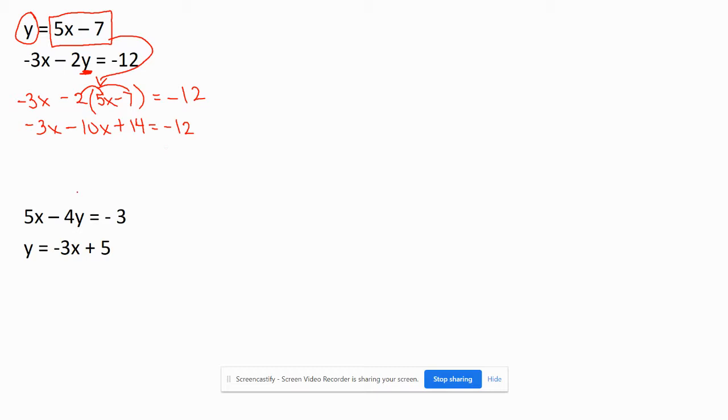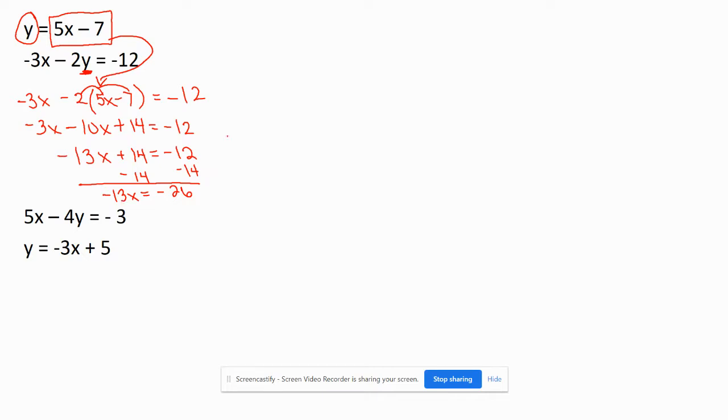Now I will have negative 3x minus 10x is just negative 13x plus 14 equals negative 12. Now I move this 14 over: minus 14, minus 14. Now I have negative 13x equals negative 26.